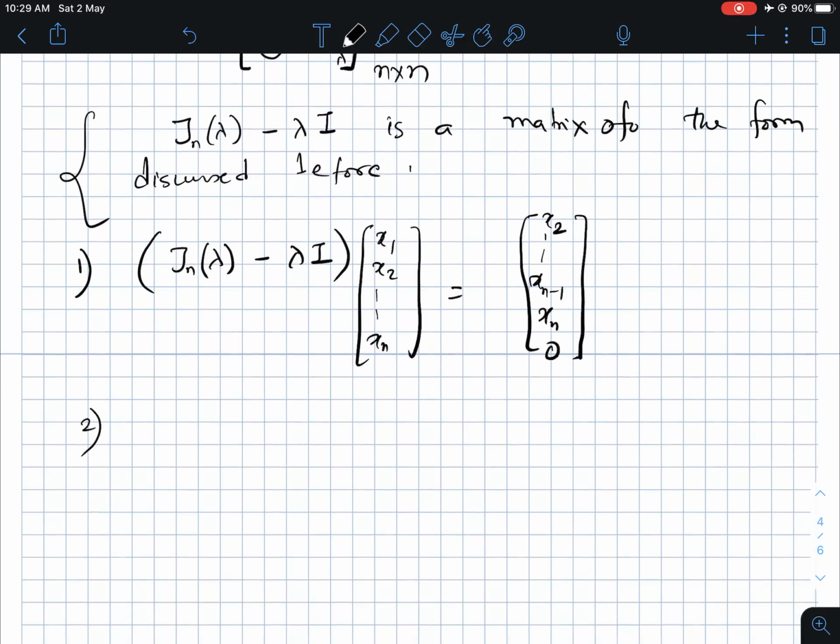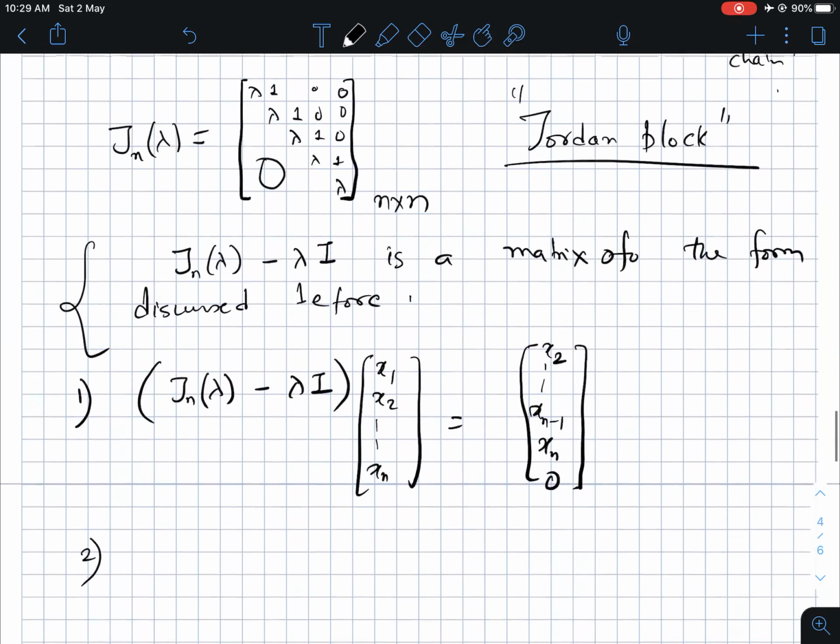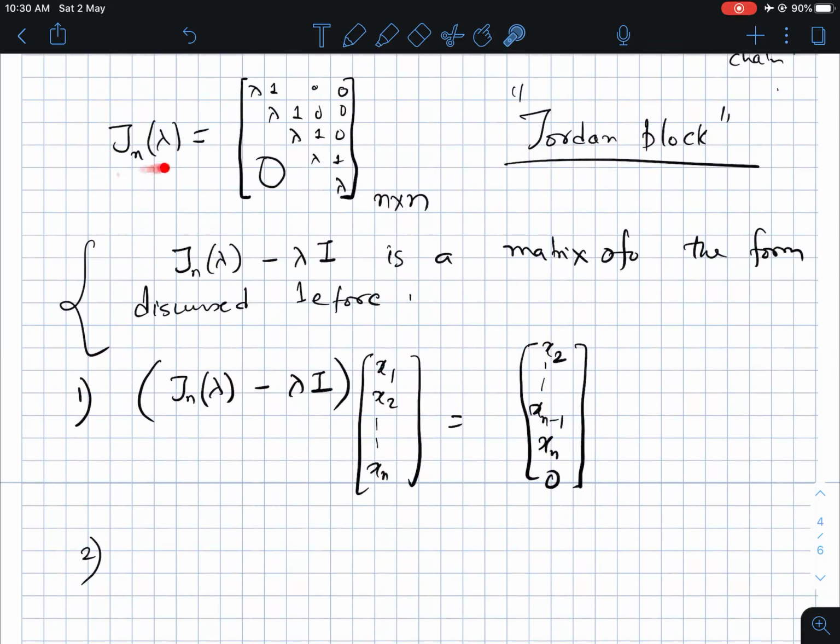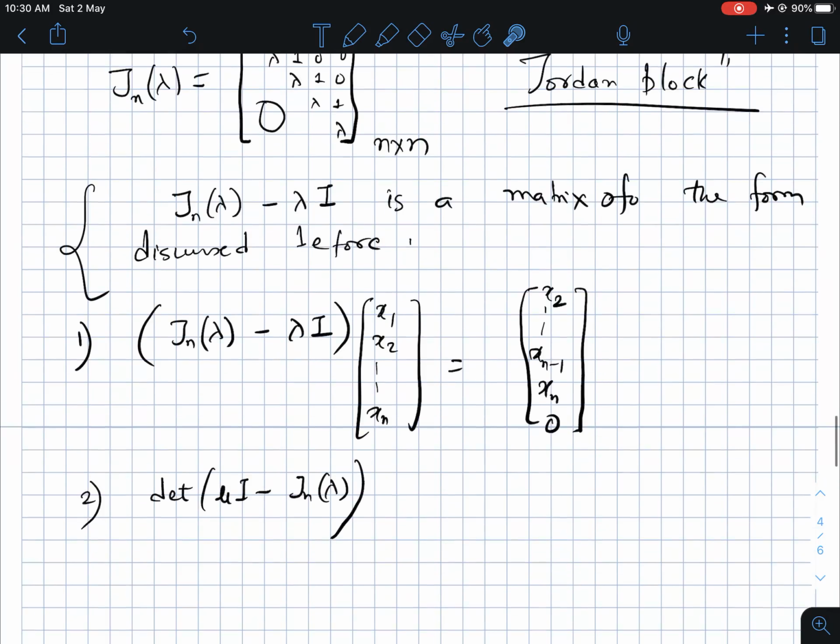What is the characteristic polynomial of Jn? We have to compute the determinant of mu I minus Jn lambda. I wanted to pick mu instead of lambda here because I didn't want you to confuse the two lambdas. If you compute, you will get (mu minus lambda) to the n.